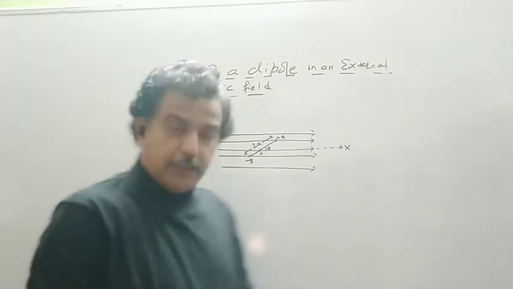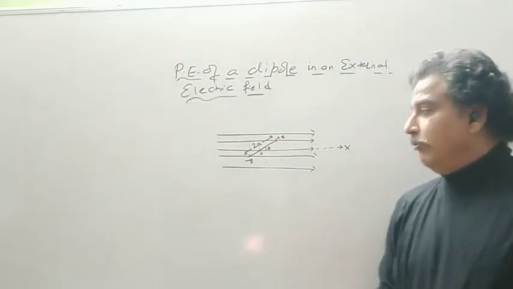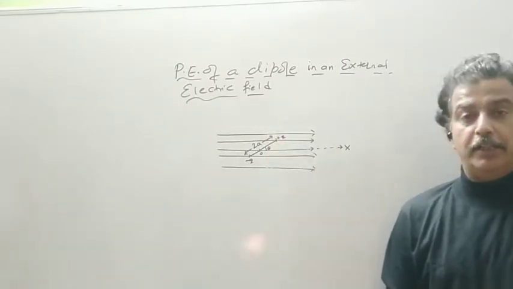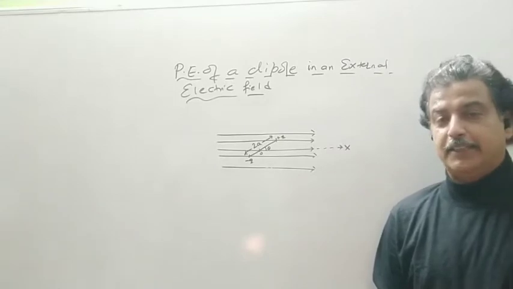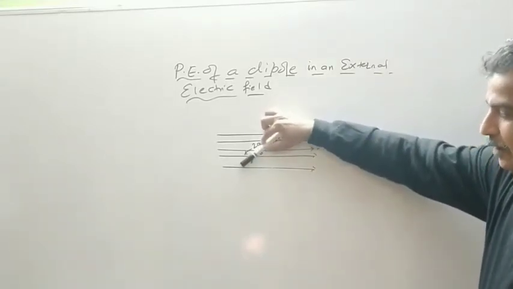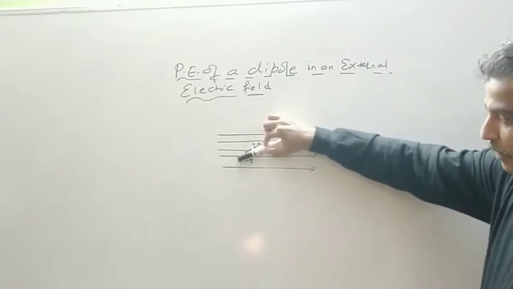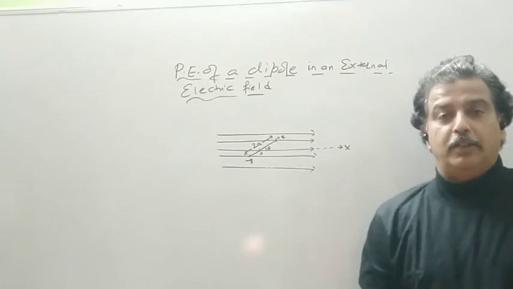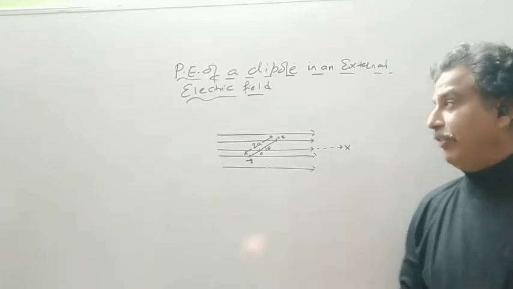So what is the characteristic of a dipole? Whenever we place a dipole in an external electric field, it will rotate till it gets aligned in the direction of the field. So if I keep a dipole like this, the torque will act on it and it will rotate till theta becomes 0, or we call it till it gets aligned in the direction of the field.